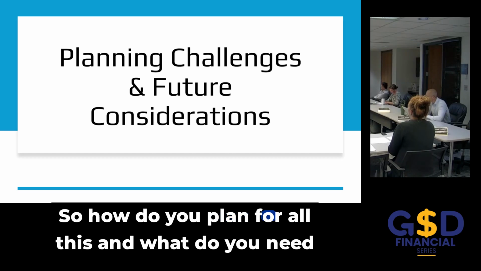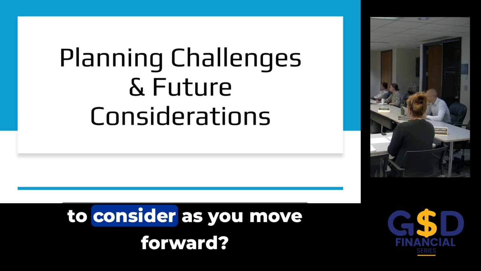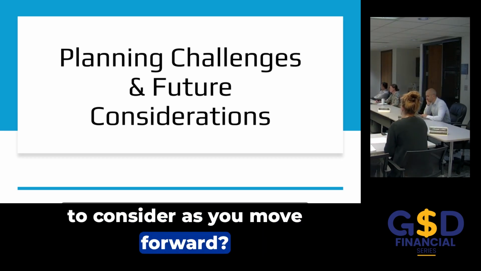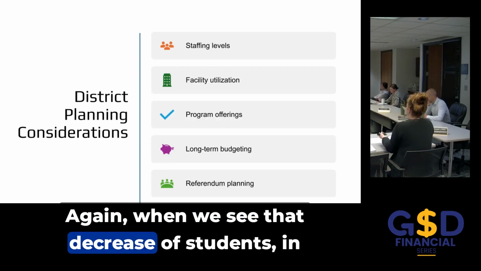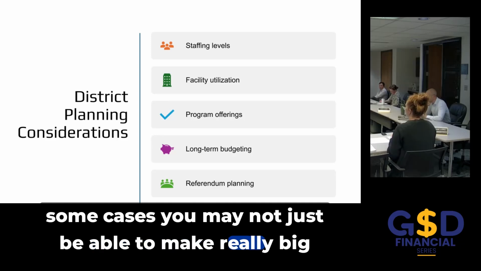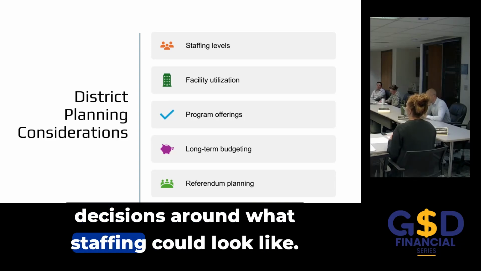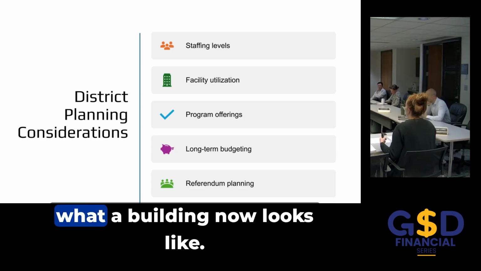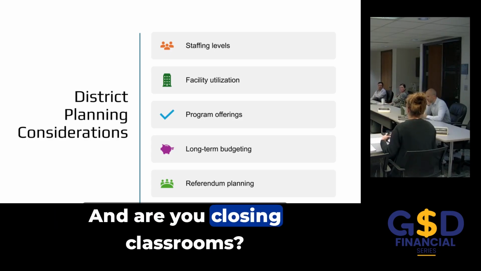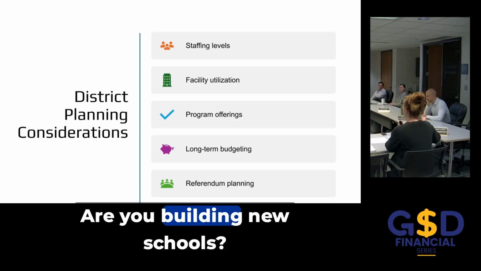So how do you plan for all this, and what do you need to consider as you move forward? Again, when we see that decrease of students, in some cases you may not just be able to make really big decisions around what staffing could look like. You may not be able to make really big decisions about what a building looks like, and are you closing classrooms, are you opening classrooms, are you building new schools, right?